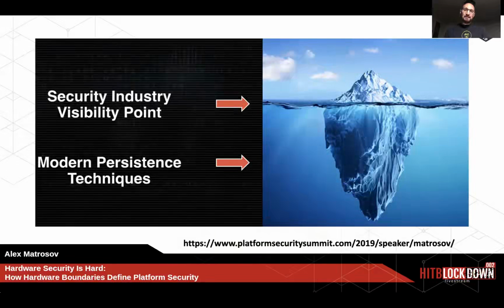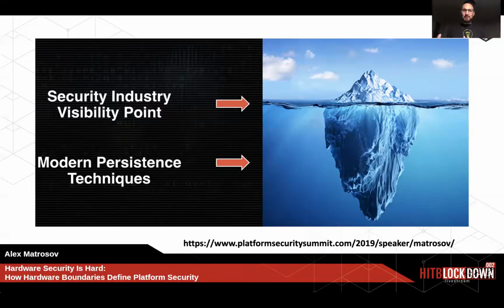We actually have a lot of changes in modern attack surfaces, and the security industry's visibility is really just the visible part of the iceberg.